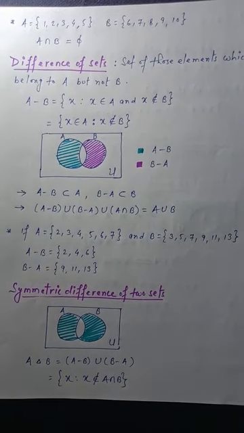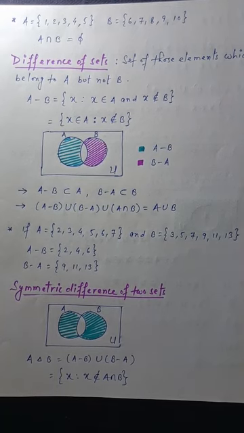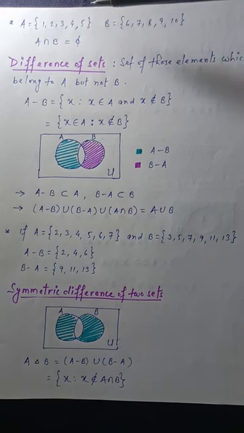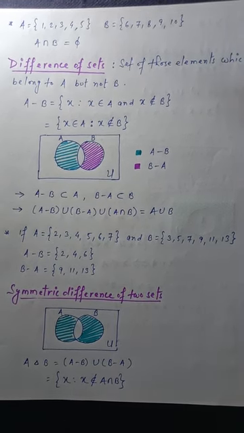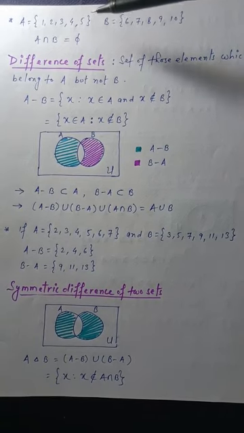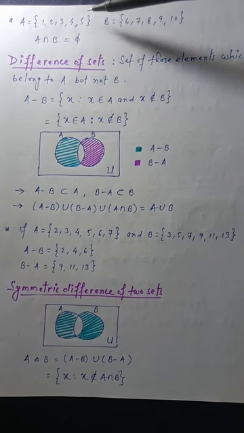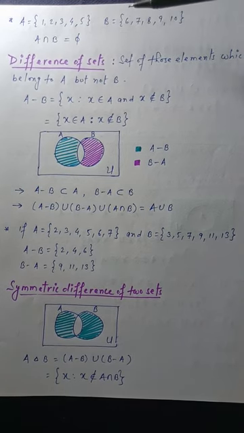Now come to a very colorful page, and here you can see when A is 1 2 3 4 5 and B is 6 7 8 9 10, can you find me a common element? I think there is no common element, so that's why A intersection B is phi or the null set. So this is an example of disjoint sets.